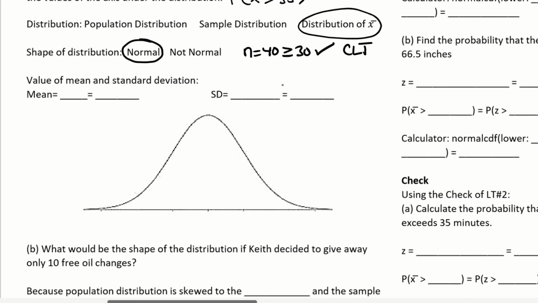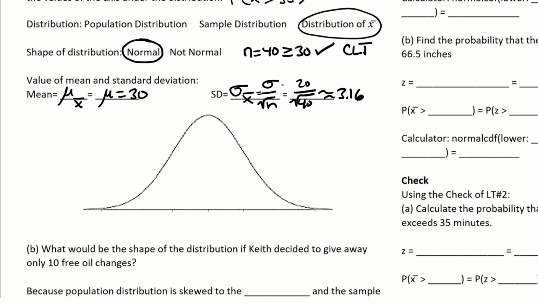So the mean here is mu X bar, and mu X bar is equal to mu, which is 30. And the standard deviation is sigma X bar, which is equal to sigma over square root of n. Plugging that in, it's 20 over square root of 40, which is approximately 3.16.